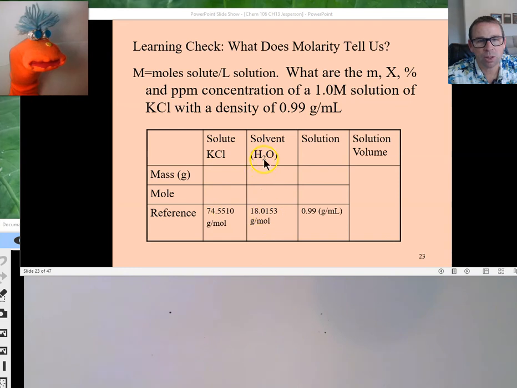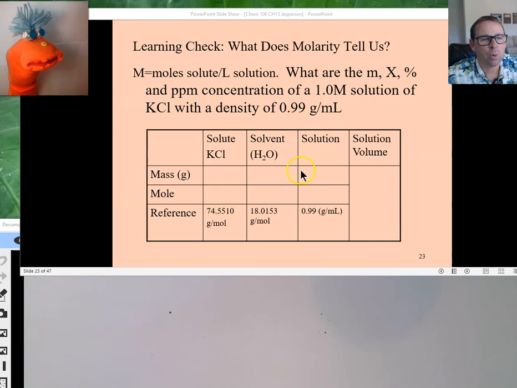This is the molar mass of water, this is the molar mass of KCl. If I have 1 molar, what does that mean? 1 molar KCl, so that's 1 mole of KCl for every liter of solution. Very good.